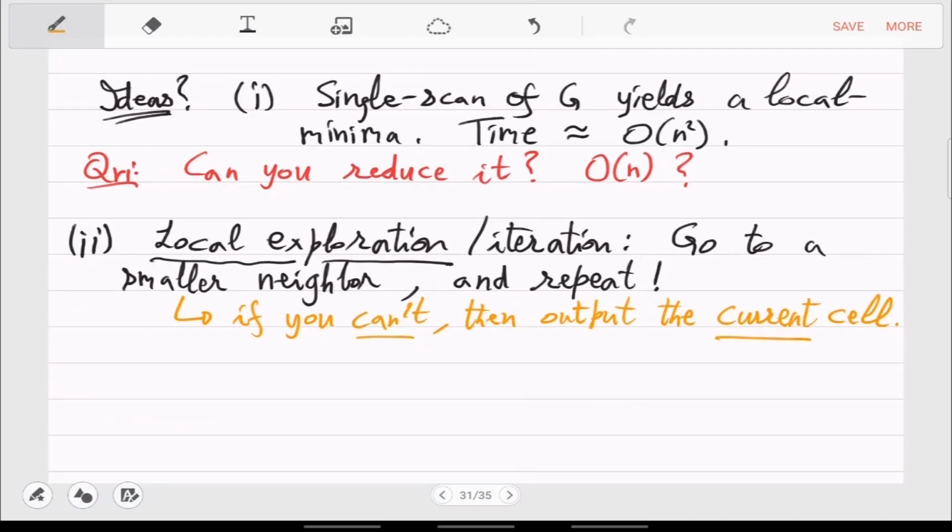So the pseudocode for this local explore is simple to implement.